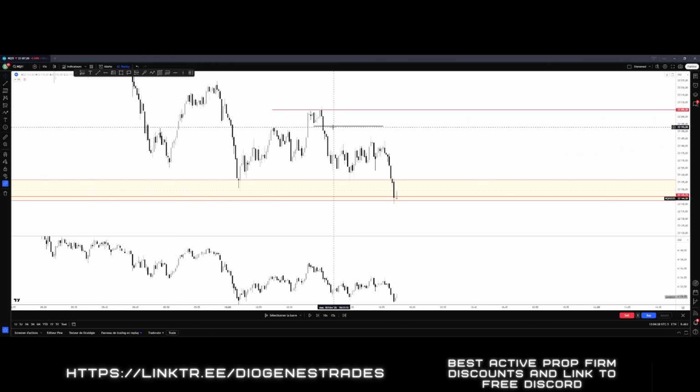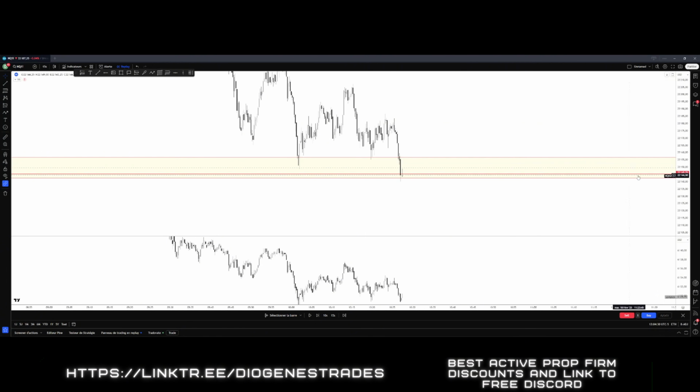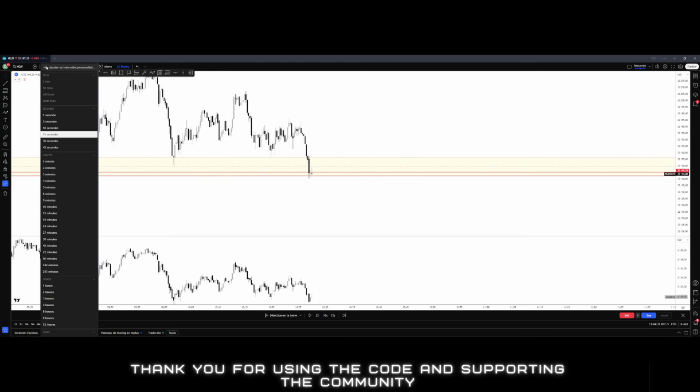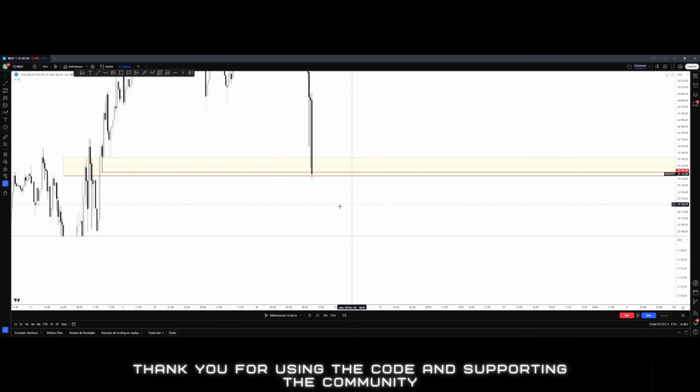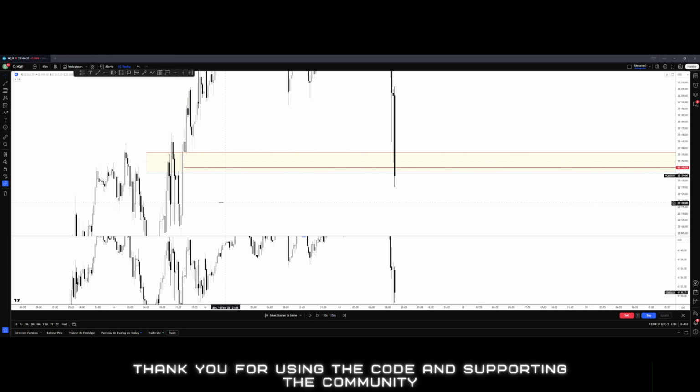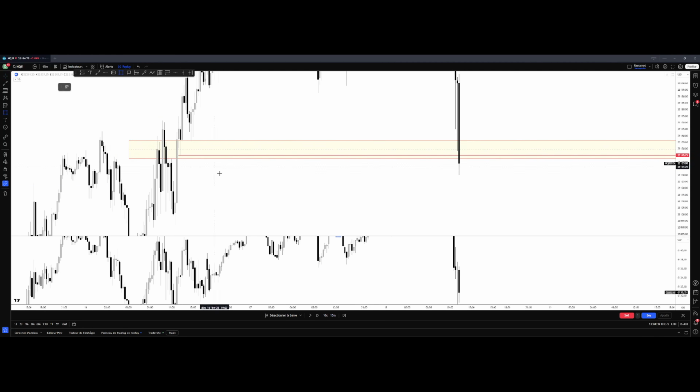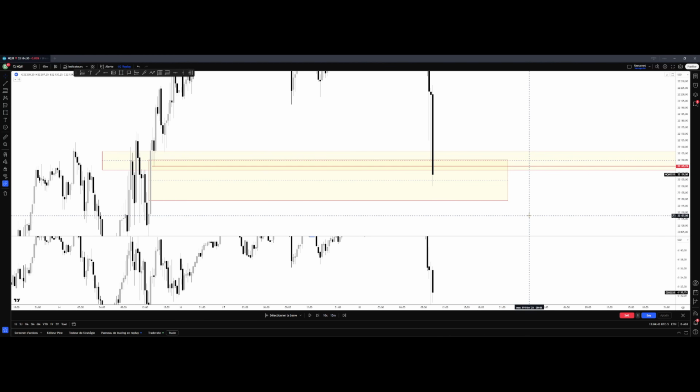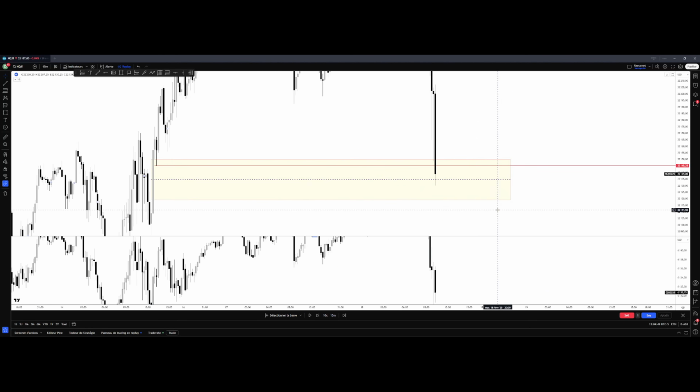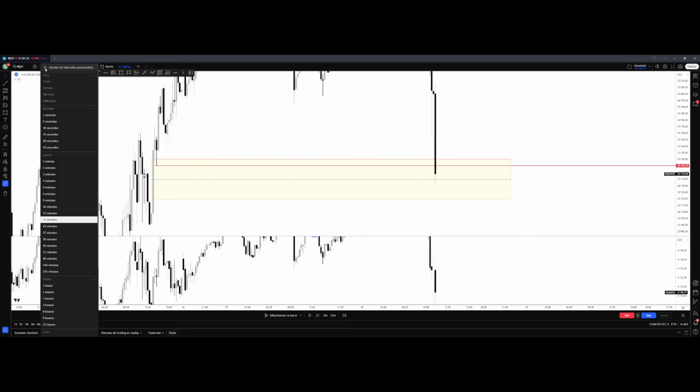Okay, so now this is the setup I took. Okay, so 15 minutes, right? And now we took this low, right? And we have this 15 minutes fair value gap, we swept liquidity and we touched the consequent encroachment or the 50% of this fair value gap, okay?